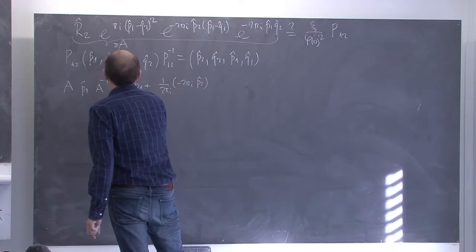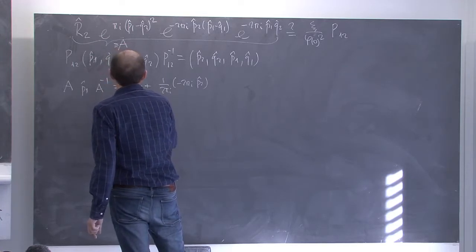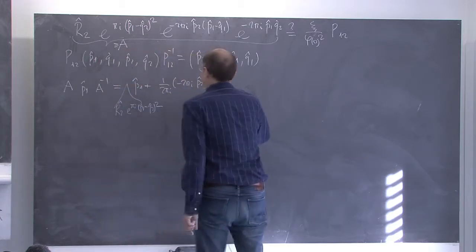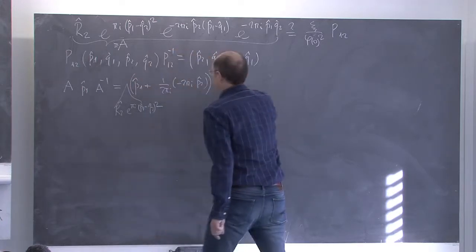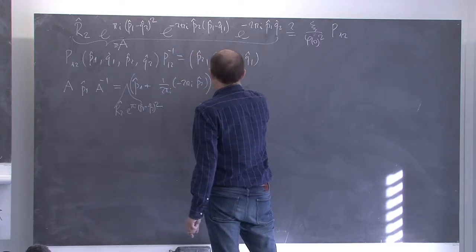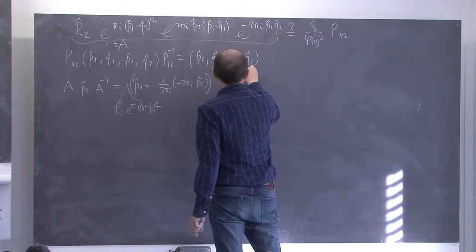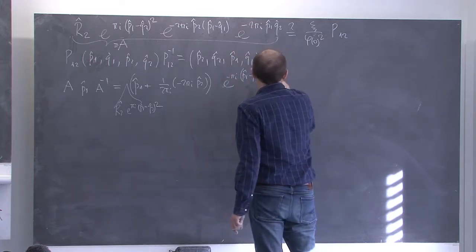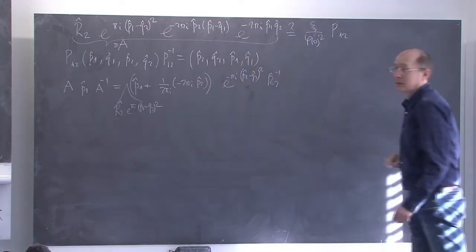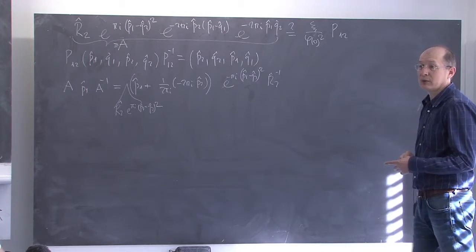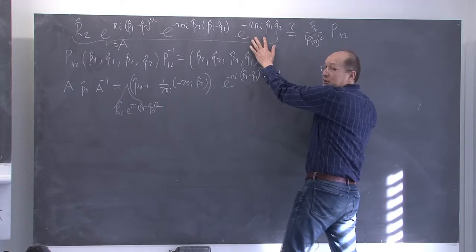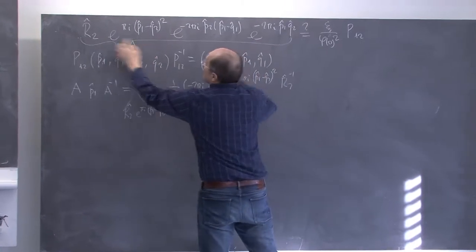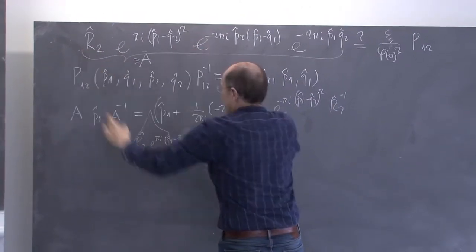We have to put R2 hat e^(pi i (P1 hat minus Q2 hat)^2), and from this side, the inverse of it, e^(minus pi i (P1 hat minus Q2 hat)^2) R2 hat inverse. Okay, do you follow me? So we conjugated by this, which was trivial, and then we conjugated by this, which gave the middle term. And then the conjugation with the rest of the operator stays from two sides here.